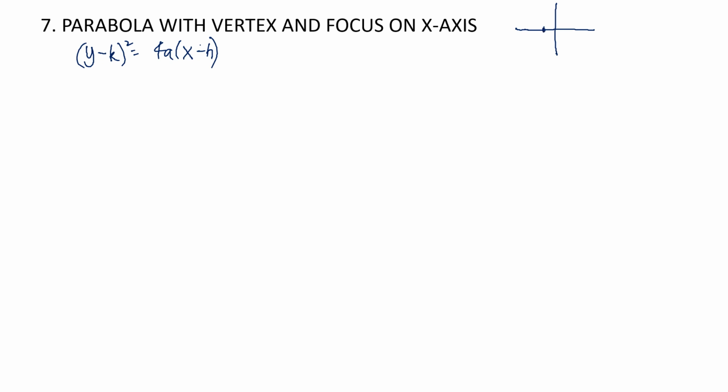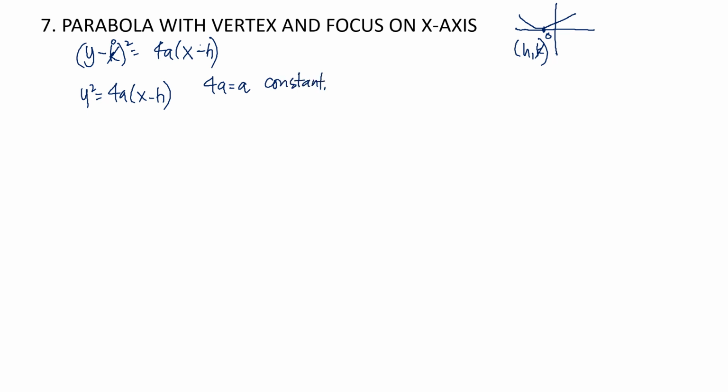Since the vertex is like this, therefore our h and k, its y coordinate is 0. So, therefore, this k is 0. So, y squared is equals to 4a times x minus h. And again, 4a is equals to a, or this is a constant.